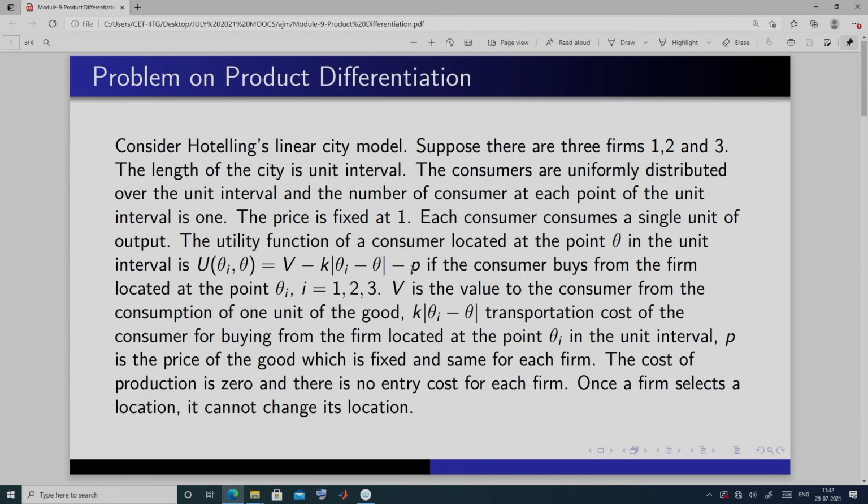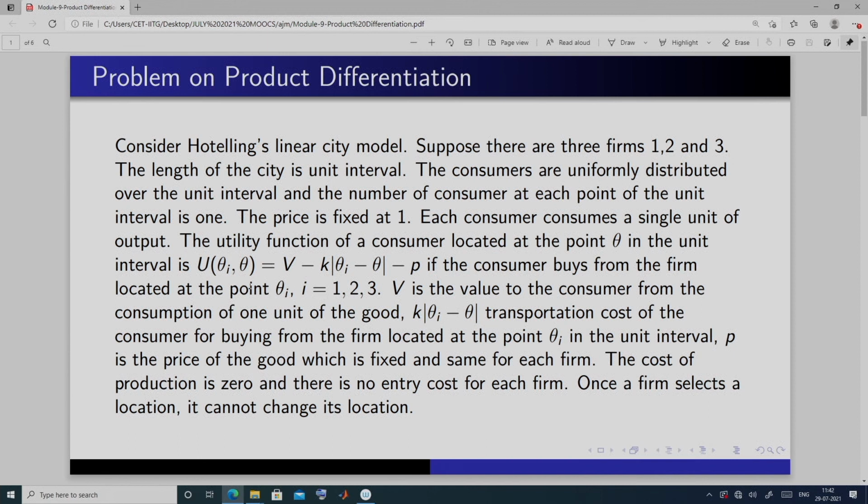This holds if the consumer buys from the firm located at point theta i, whereas the consumer is located at the point theta. V is the value to the consumer from the consumption of 1 unit of the good, this is the transportation cost of buying from the firm located at theta i, and P is the price, which is fixed and the same for each firm.